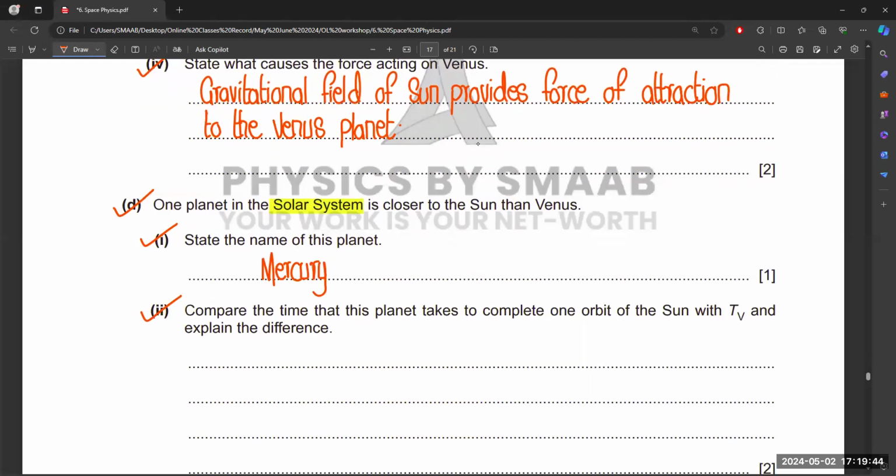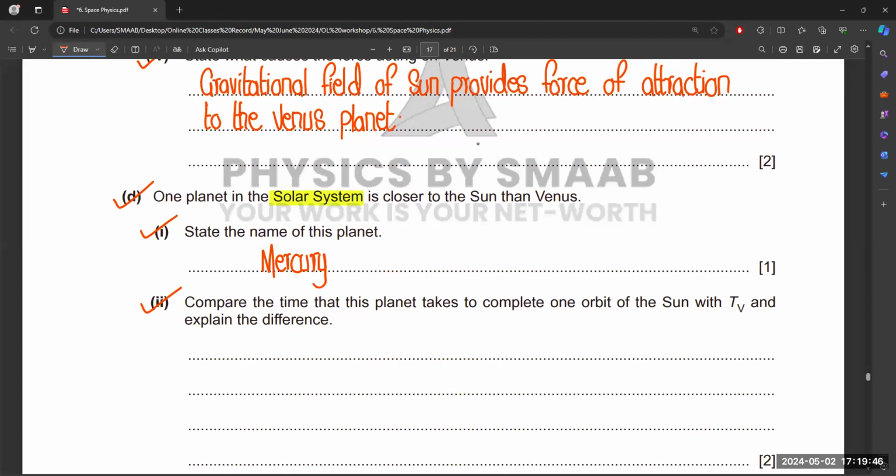And in part 2, compare the time that this planet takes to complete one orbit of the sun with the time and explain the difference. So basically, in the first part, we calculated the time taken by Venus to complete its orbit.